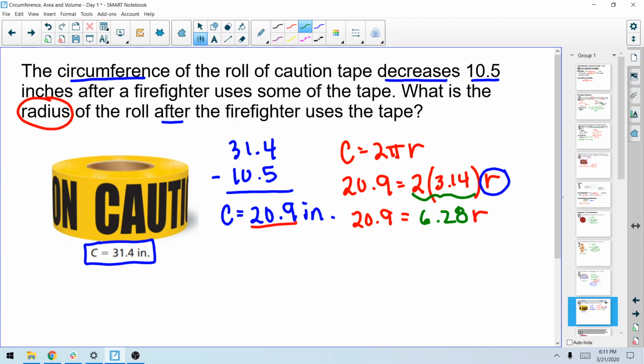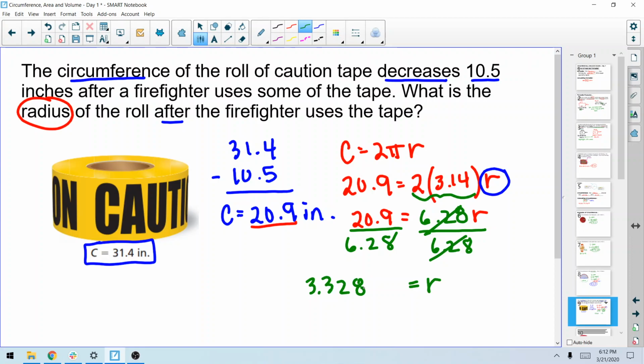And then I'm really trying to get that r by itself. So if I want to get 6.28 times r, the opposite of times is divide. So I'm going to divide by 6.28, which is going to leave me r over there. And then grab your calculator. 20.9 divided by 6.28 is 3.328, and then I get a 0.25.